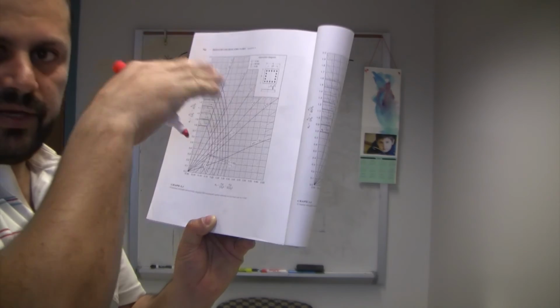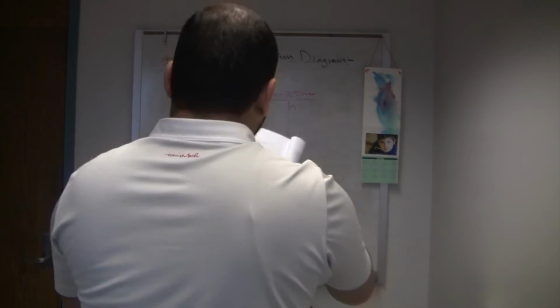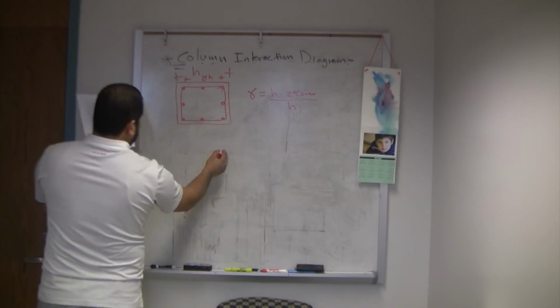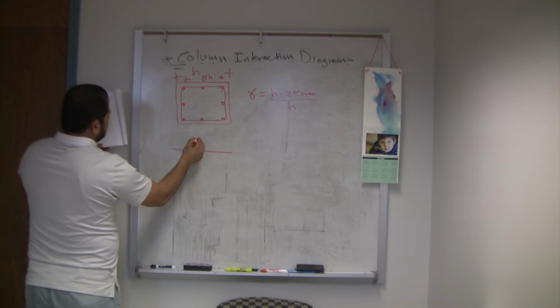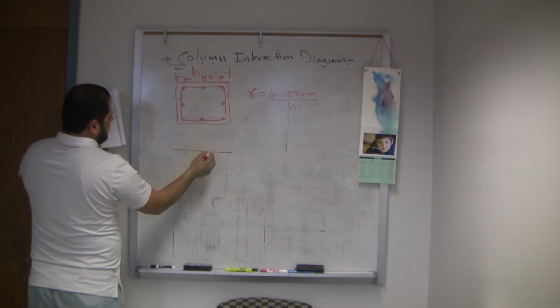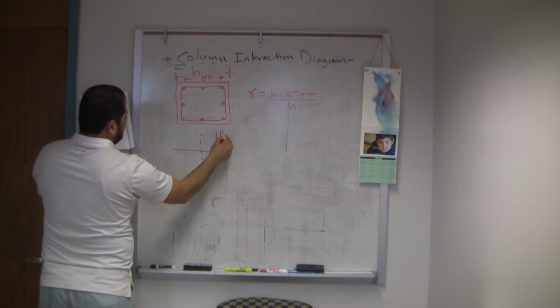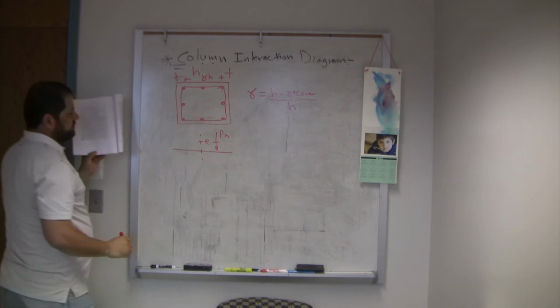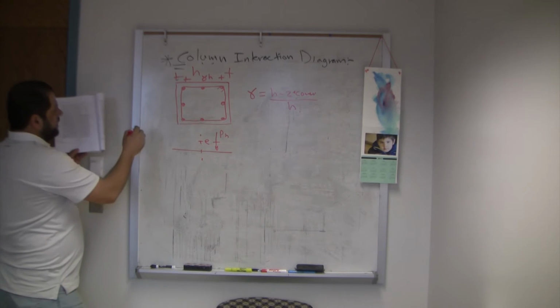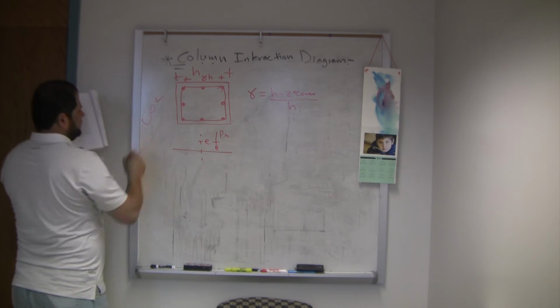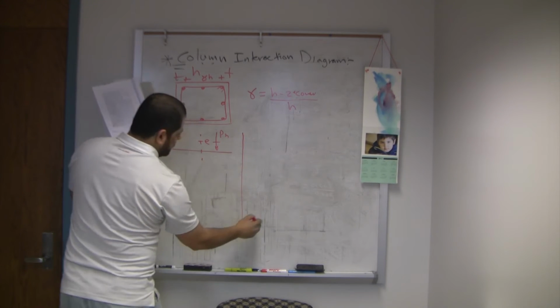If you have something in between, you do interpolation. And your column that we will do the interaction, it's kind of over that edge. This is the center for Pn over E, okay, for a given row. So you see the interaction diagrams will look like this.